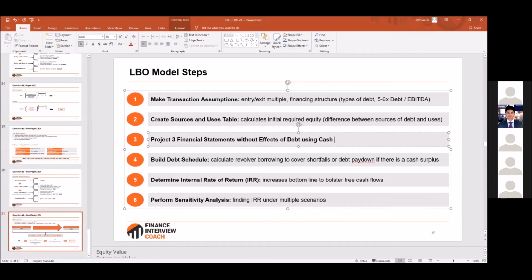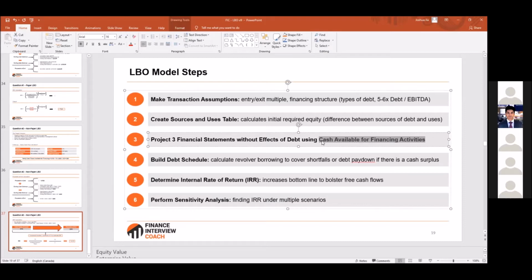Using cash available. What is this? Cash available for financing activities. It's just cash flow from operations plus cash flow from investing. It's literally the first 2 sections of the cash flow statement. This line is by far the most important line in the LBO model, because this line represents the cash you can use to either pay back debt, or if it's negative, you had to borrow money to cover your shortfall.